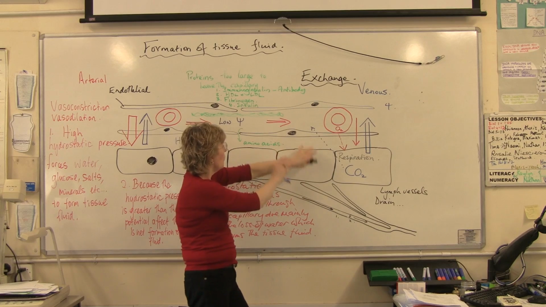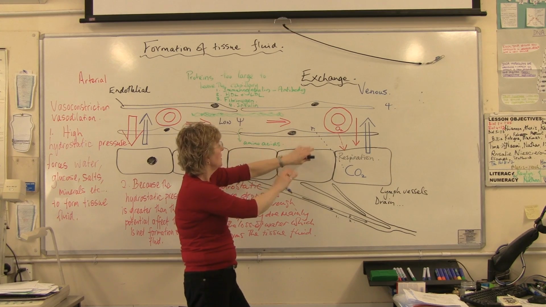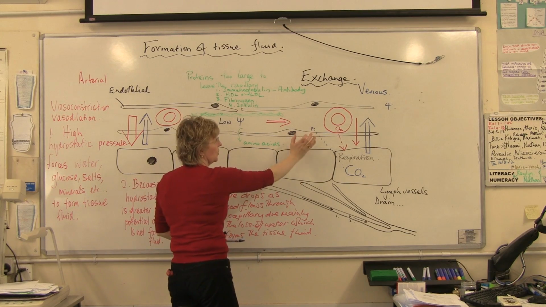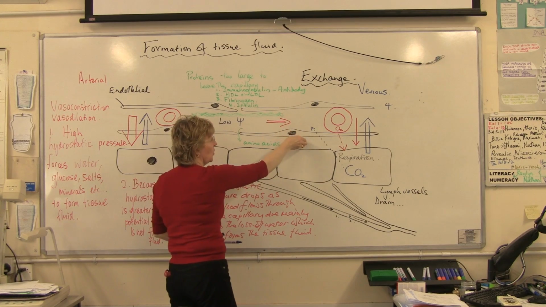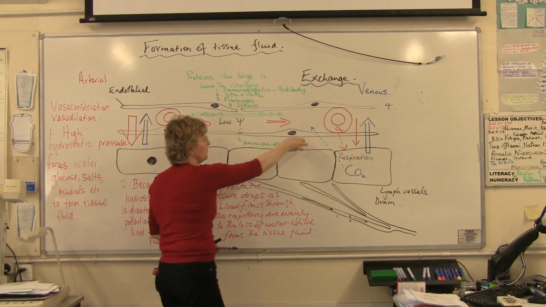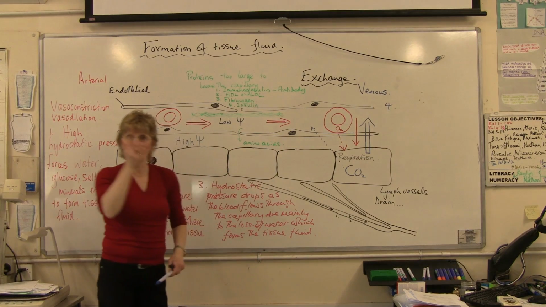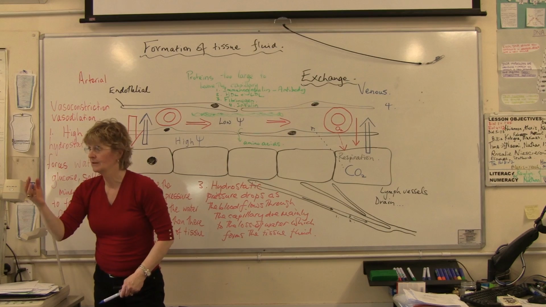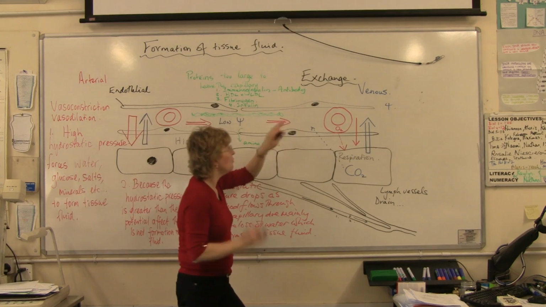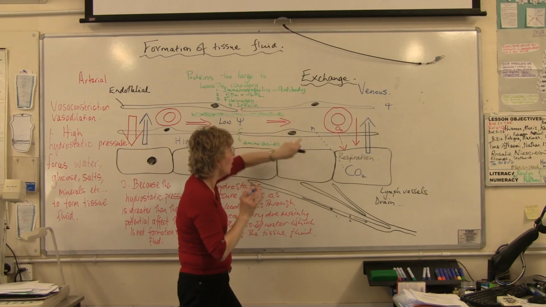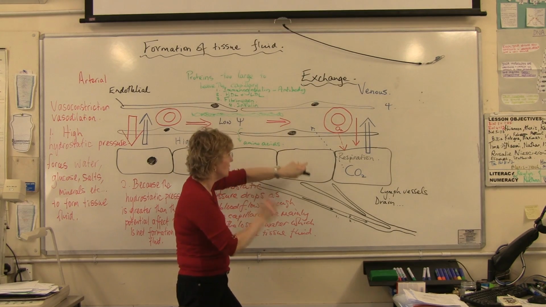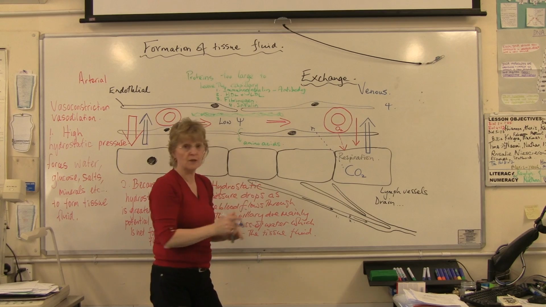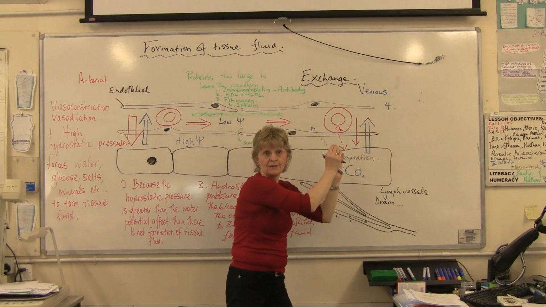I've got water coming into this side, and the water potential will be high on this side because there's a lot of water, and the dissolved solute will be being absorbed into the cell. However, remember, the urea will be going in the opposite direction. However, there will remain net higher water potential in the tissue compared with the capillary. So that's not the reason why I'll get net absorption.